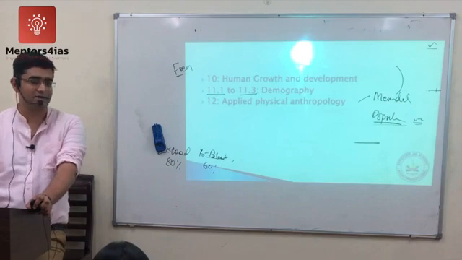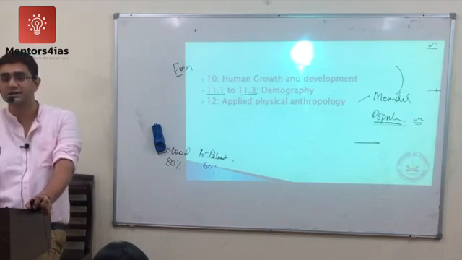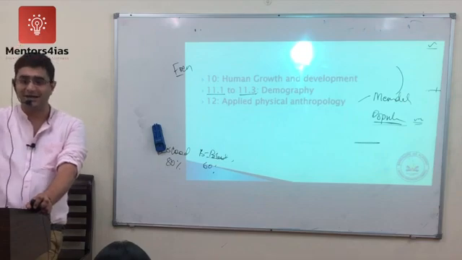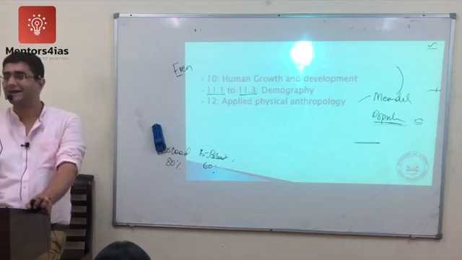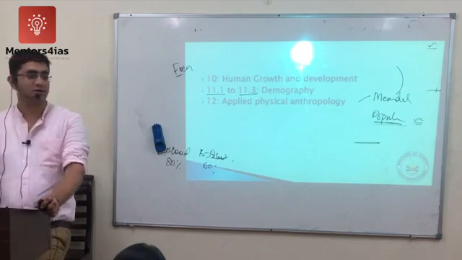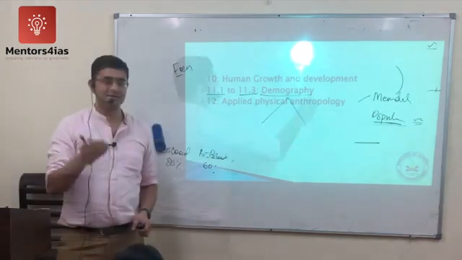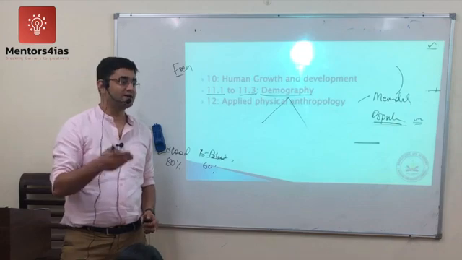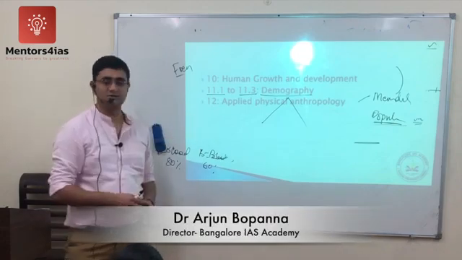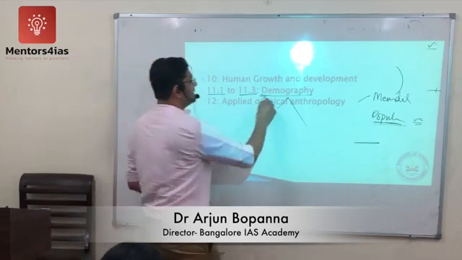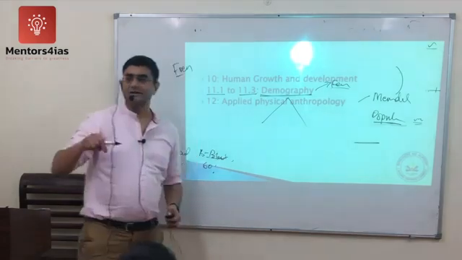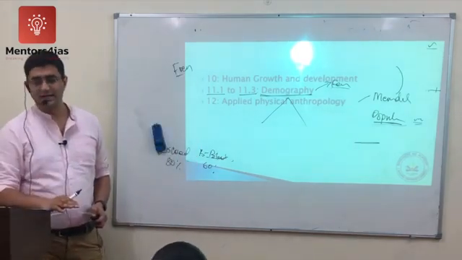You might have heard in general studies of demographic transition theory, from high birth rate and high death rate to low birth rate and low death rate. A country will undergo transition. So that is demography. What are the various factors that affect growth and change of population of every country? Here we will also be studying fertility rate, and the various factors that affect fertility, etc.